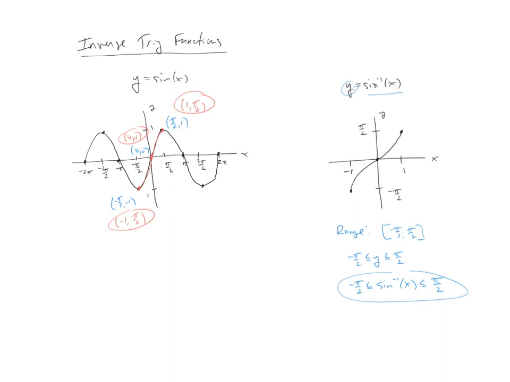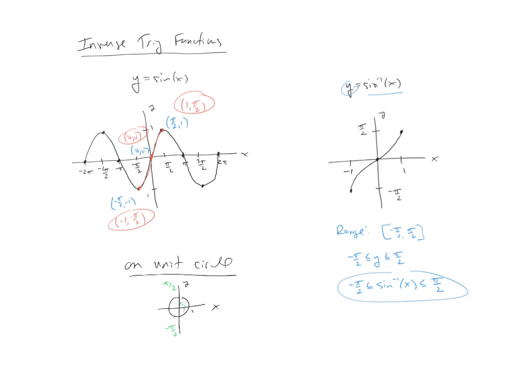The graph of sine of x would not have existed without the unit circle. So everything always goes back to that unit circle. And this is big: on the unit circle, inverse sine can only exist between pi over 2 and negative pi over 2.